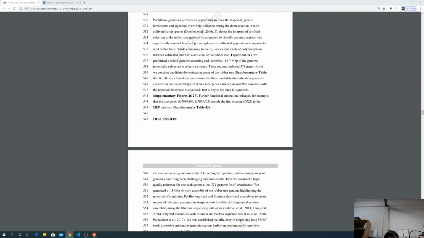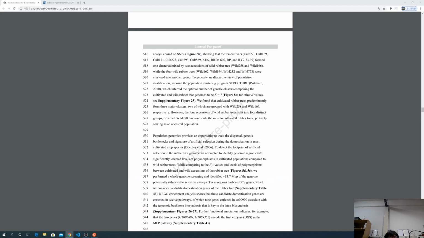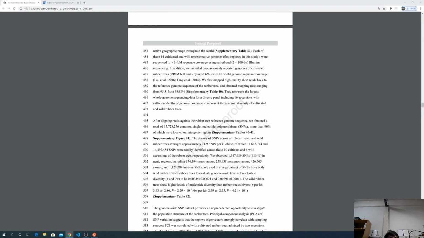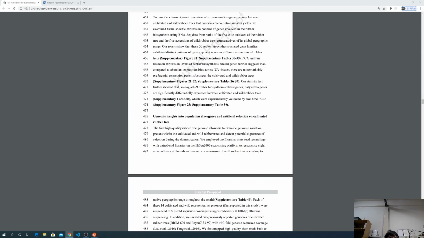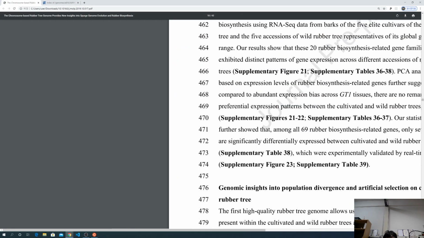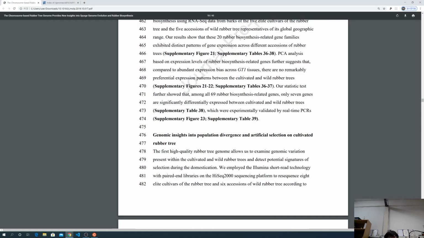Where is the result of domestication? Okay. So first, a high quality rubber tree example, cultivated and wild rubber tree, and detected potential signatures of selection during domestication.